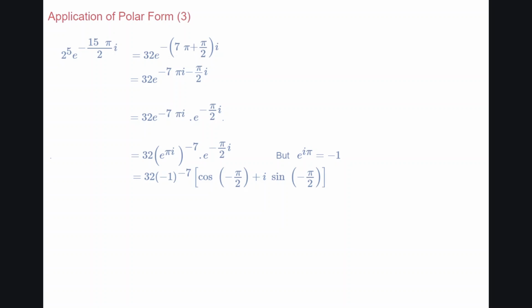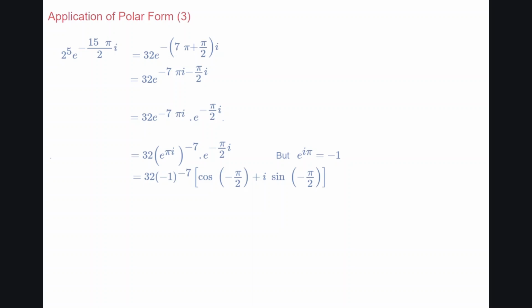But we know Euler's formula says e to the i pi plus 1 equals 0. And that was because e to the i pi is minus 1. So we can replace the e to the pi i by minus 1 and get 32 times minus 1 to the power of minus 7.